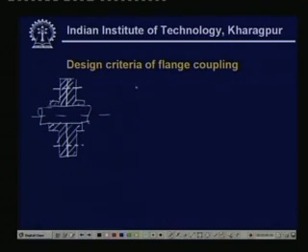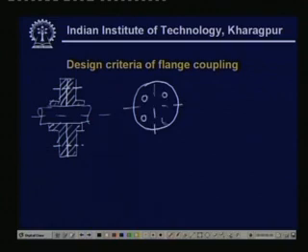Whenever there is clearance, there are different bolts on the circle, the bolt circle, and the flanges are connected because of the friction force developed by the normal force, and this normal force is given by the bolt.